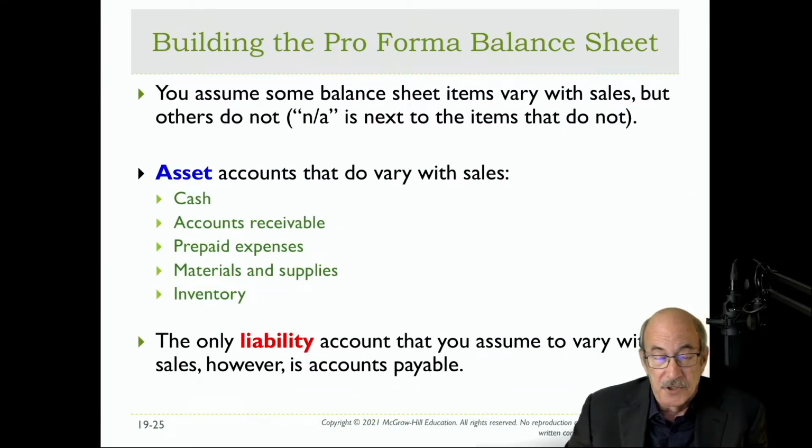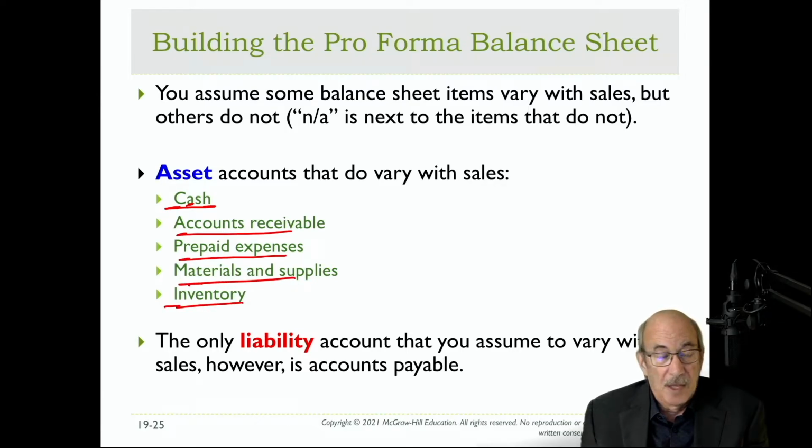All right, now onto the balance sheet. Whereas on the income statement all the accounts changed with sales, not all of the asset accounts are going to change with sales, nor are the liability accounts necessarily. We also have to make some assumptions. The asset accounts that vary with sales are cash, accounts receivable, prepaid expenses, materials and supplies, and inventory.